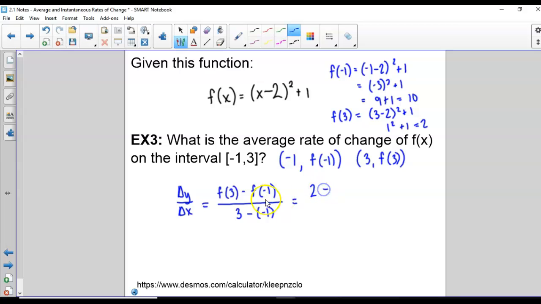We just found that. And f of negative 1 is 10, all over 3 plus 1, which will give us 4. So we will get negative 8 over 4, so negative 2. I wrote that down wrong whenever I did this.